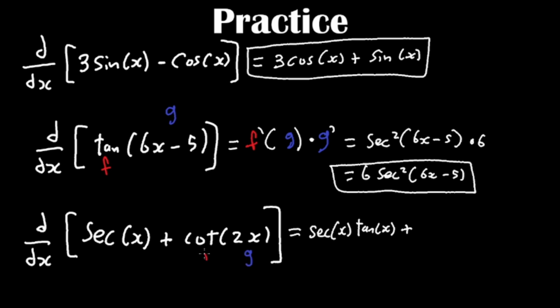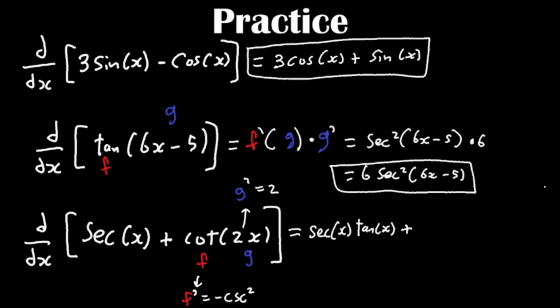Our outside function is f. So this would be f prime of g times g prime. So we know f prime is going to be negative cosecant squared. And then g prime is just 2.